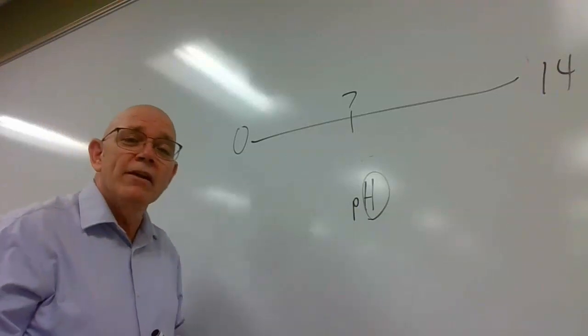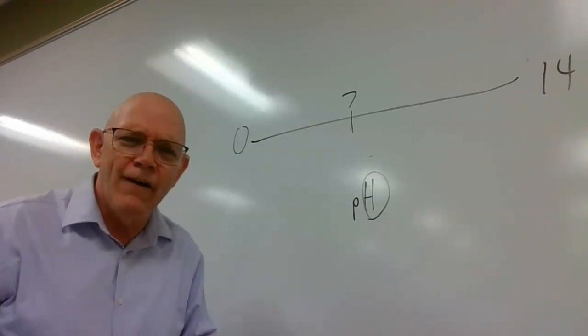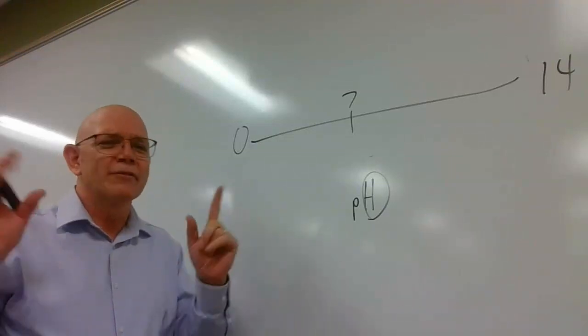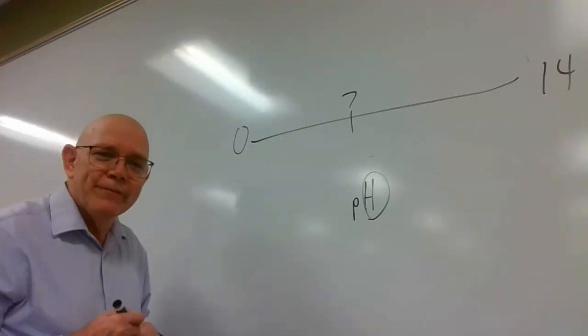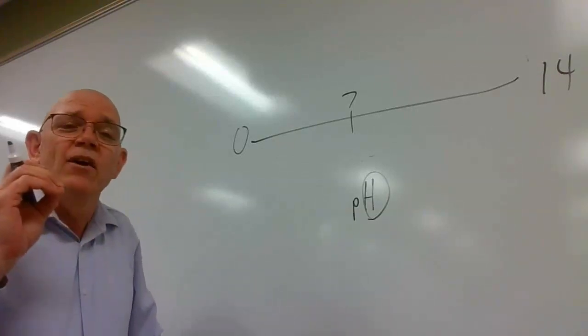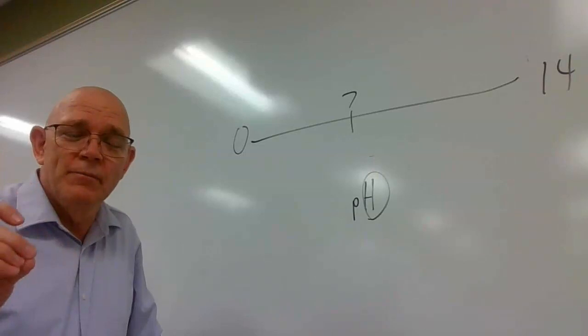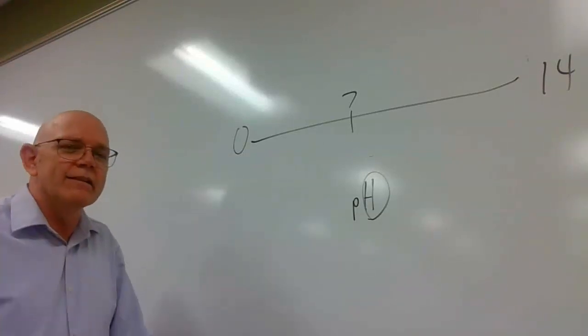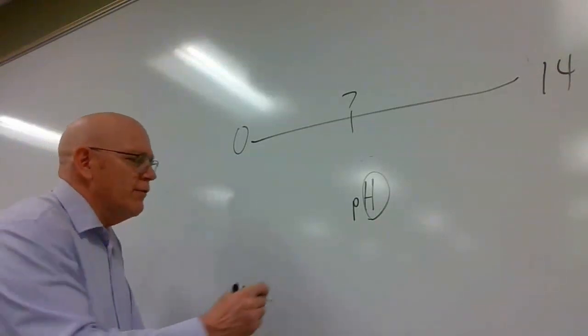Here's the deal. Because pH is the negative log of the concentration. What? Good question. Here we go. All the log base 10 means is: what would the exponent on the 10 be to equal this number? Before you panic, let me explain.